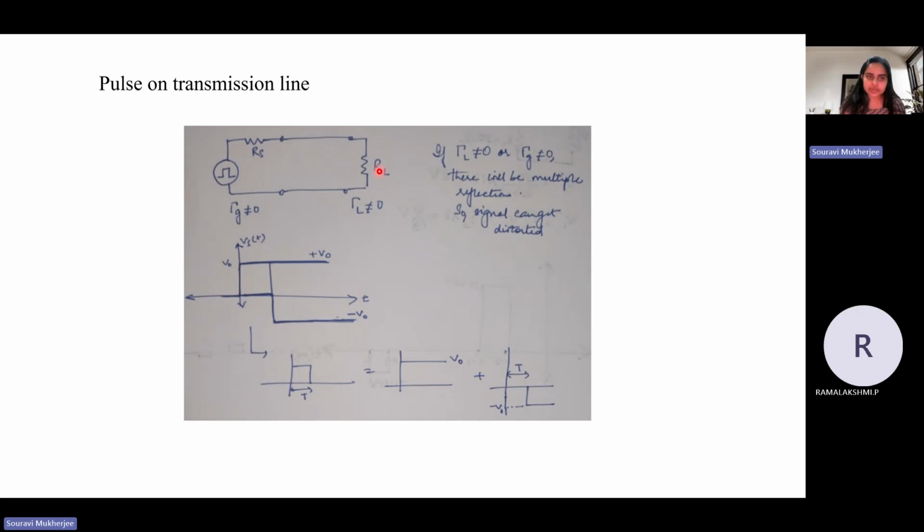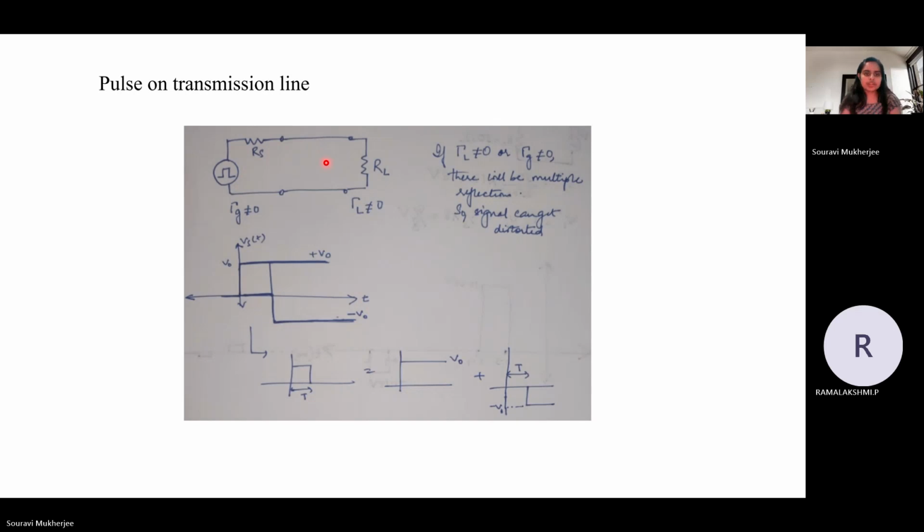So that's why it's very important to look at and design transmission lines, or choose the lengths of transmission lines, or the resistances like the loads and everything, so that there is less distortion, there is less reflection and all that.